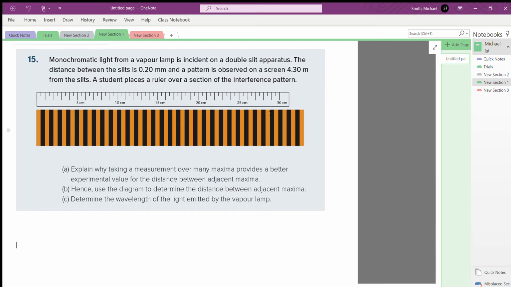So, for example, if you took a measurement over 2 maxima and your error in the measurement was, say, plus or minus 1 centimeter, then that 1 centimeter error is going to be spread over the two adjacent maxima distances that you're measuring, which is pretty significant.